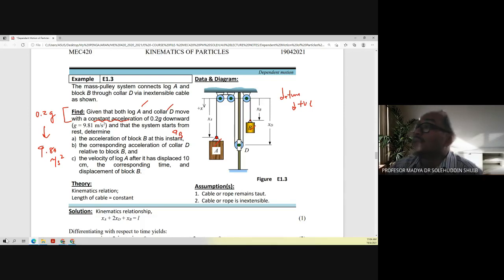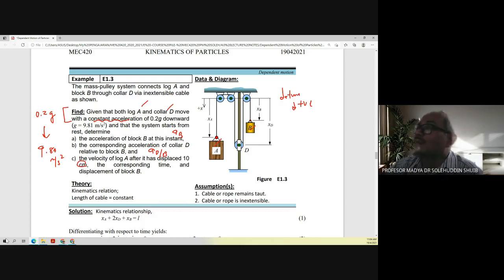Then in part C, you need to find the velocity of A after it has displaced 10 centimeter, the corresponding time, and the displacement of block A.